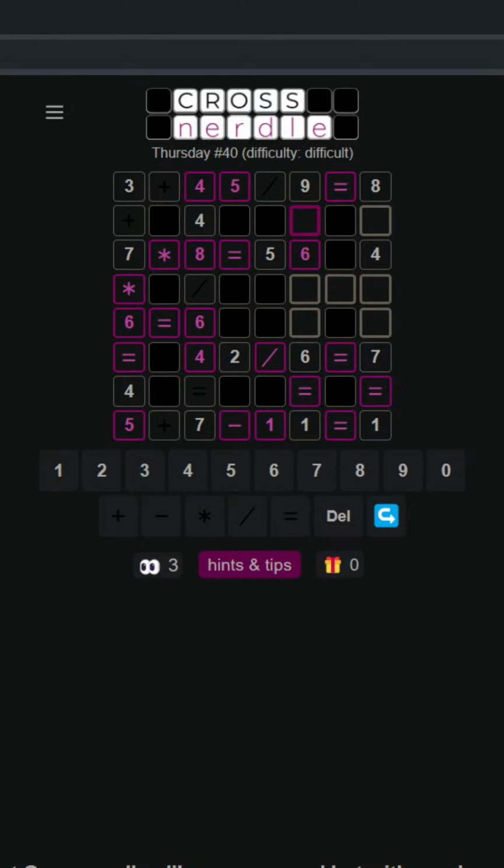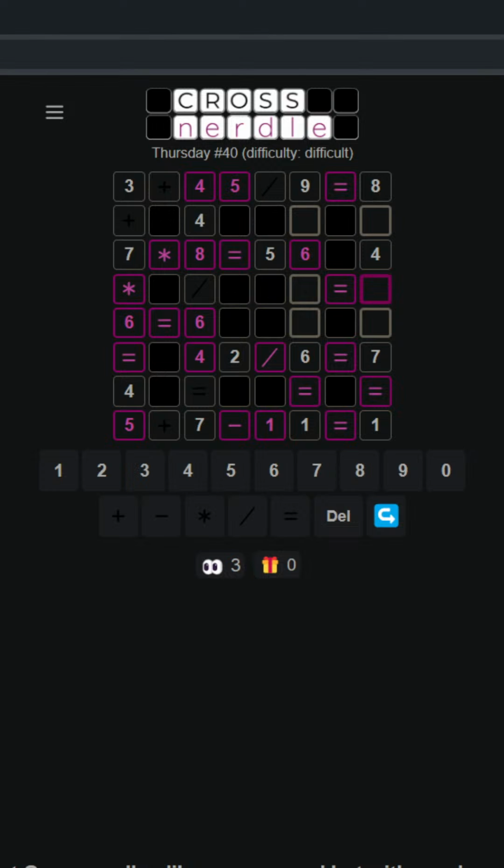No. It can't be subtraction, I think. It's probably going to be... It could be division. 9 divided by 6 is equal to 1.5. And then 1.5... I can't imagine what would go after that though.